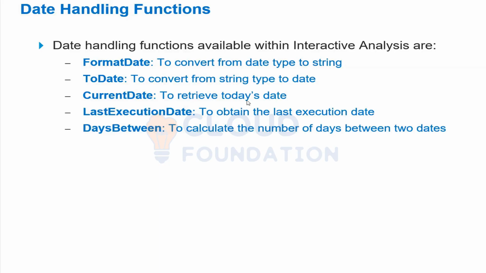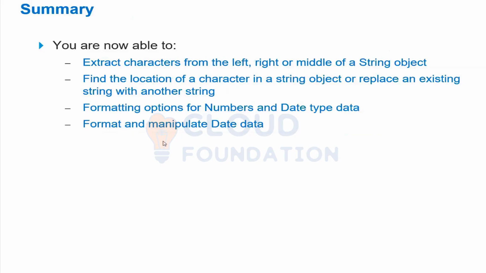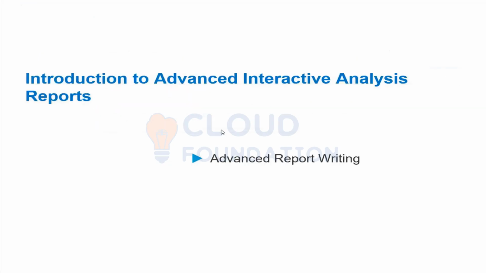Current date retrieves today's date. Last execution date obtains the last execution date. Days between is useful to calculate the number of days between two dates: days between start date, comma, end date. It will give how many days are in between those dates. That is about the formatting options.